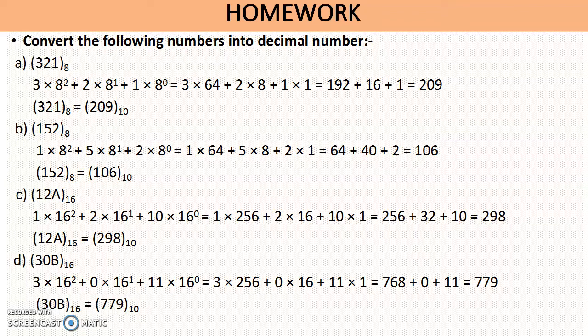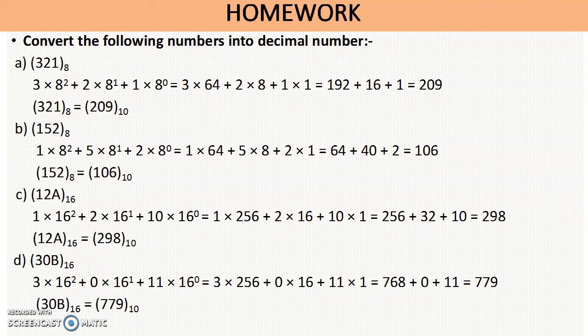Now, according to the rule, we will multiply 3 with 8 to the power 2, 2 with 8 to the power 1, and 1 with 8 to the power 0. By adding these, we will get 192 plus 16 plus 1. In the result, we will get 209. So 321 in octal is equivalent to 209 in the decimal number system.